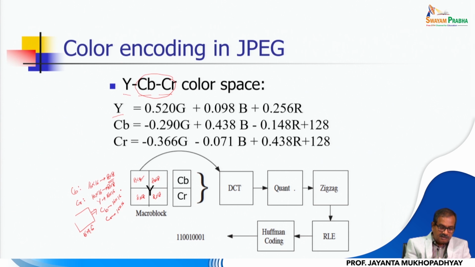Then from there, the Y component will be in the same resolution, so there will be 4 8x8 blocks from the 16x16 block partitioning. For Cb and Cr, from the 16x16 block I will get an 8x8 block, so this is downsampled, and those are once again compressed in the same manner as a particular gray level image or a particular component is compressed. After that the algorithm remains the same. So, this is the only difference when you have colored images.